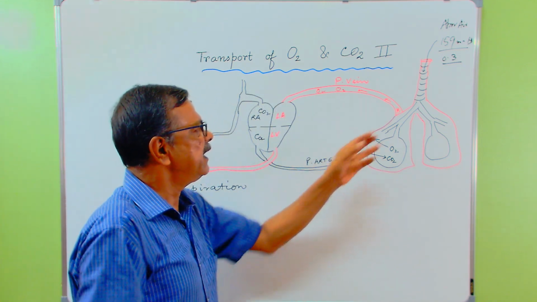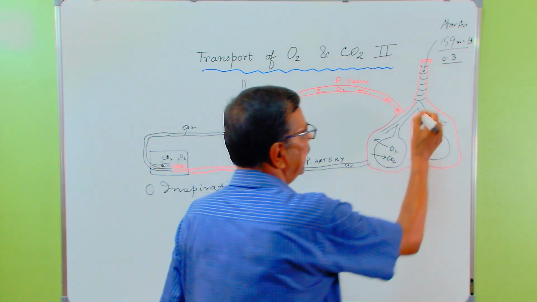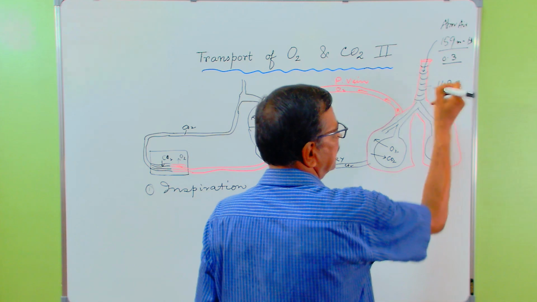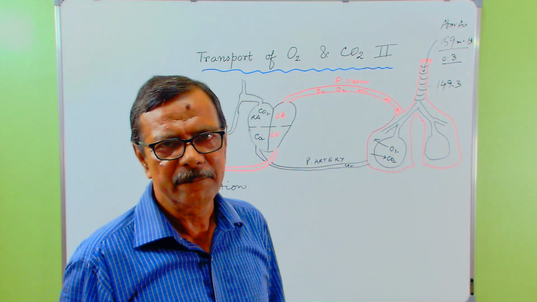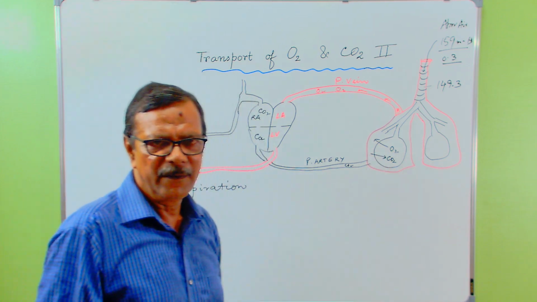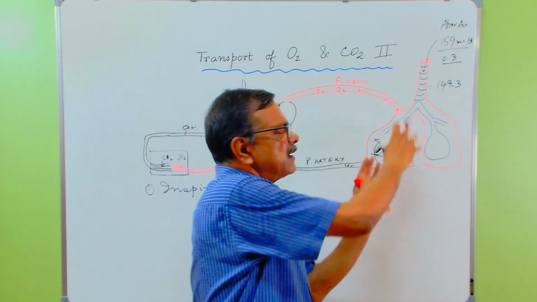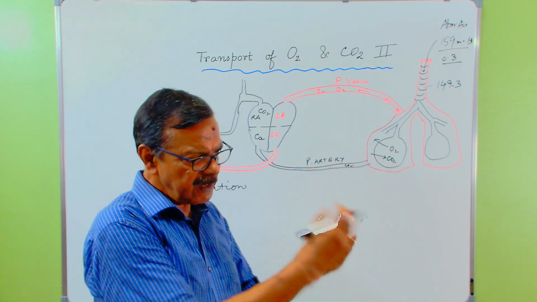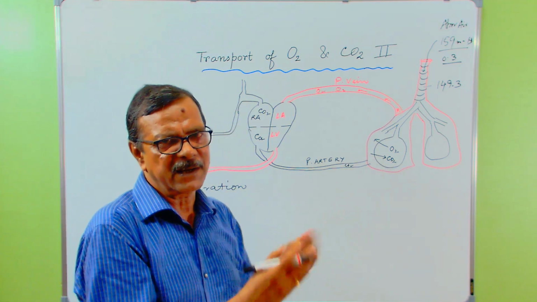Mixing with that, in the trachea, it is coming down to 149.3. Clear? Further, it is coming down here also, because these spaces are not empty. In the lungs also, there is always exchange of gases.